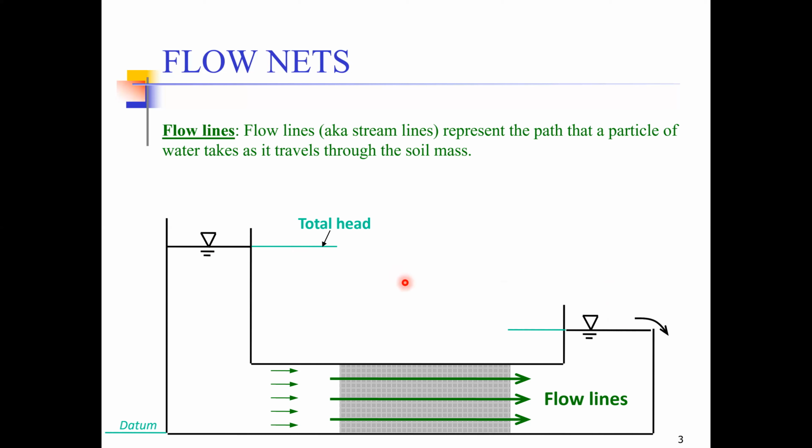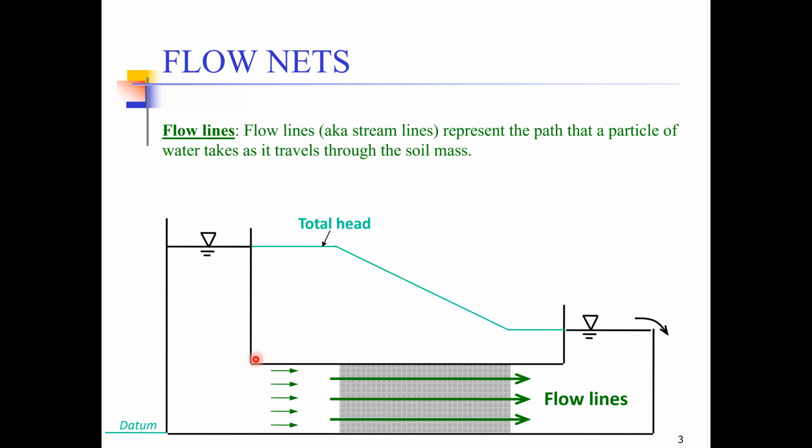Now, if I ask you to determine the total head anywhere in between these two points, that can be represented by a straight line like this. So this inclined straight line definitely represents the total head. This is how along this pipe length, the total head varies.